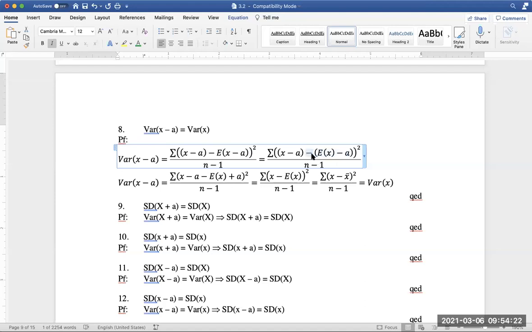Distributing the minus sign inside the parentheses, I get minus expected value of x plus a. The a's cancel. So I get x minus expected value of x inside the parentheses. But the expected value of x is just the sample mean. So this is equal to the sum of x minus x bar quantity squared, all divided by n minus 1. But that's equal to the variance of x.